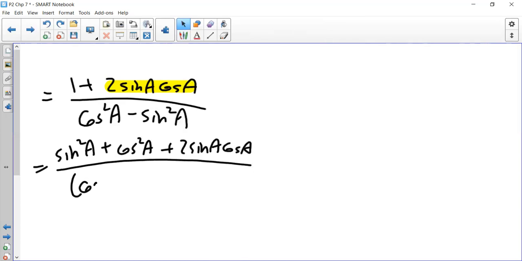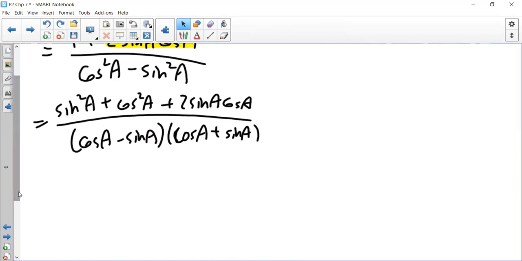Denominator, I'm going to factorize into cos A minus sine A and cos A plus sine A. And then under the top, x squared plus y squared plus 2xy is the same as x plus y squared.